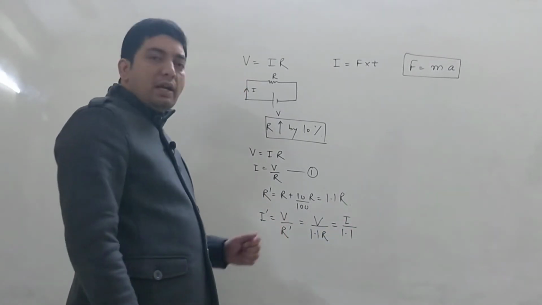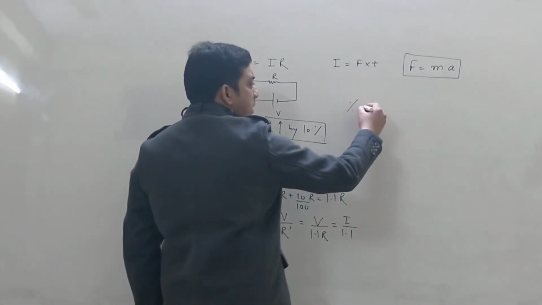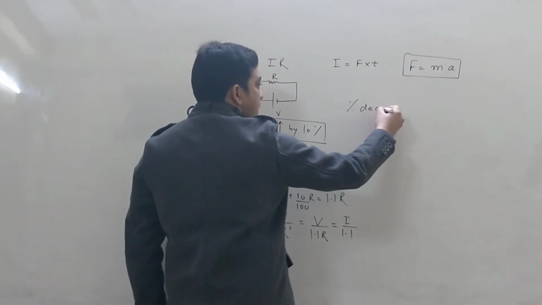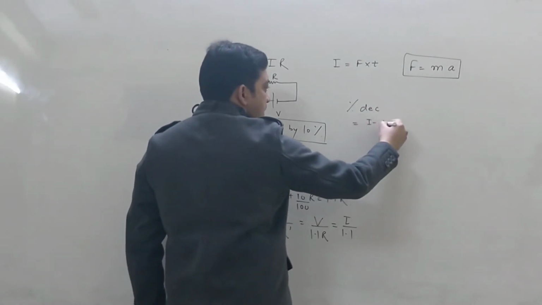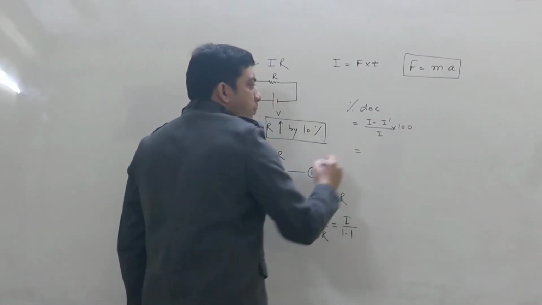Now everyone knows how to find the percentage change in current. The percentage decrease will be change in value upon original value into 100.